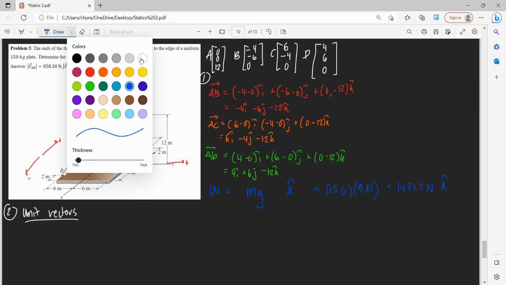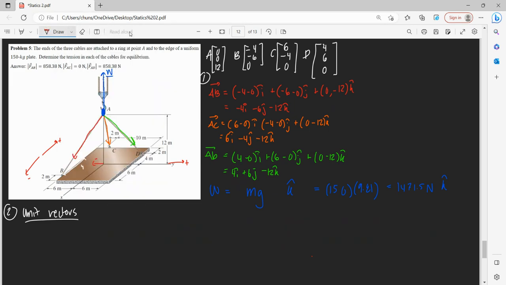Okay, so now let's find our unit vectors.